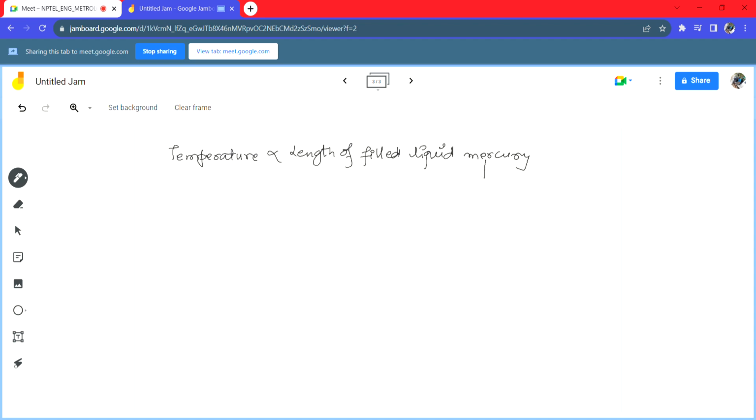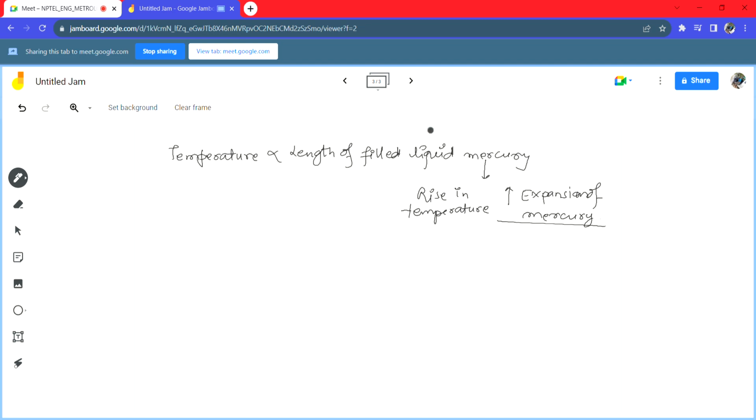So this is the property of mercury, that with the rise in temperature there is expansion of the material, or mercury. Now this itself is a form of transduction.